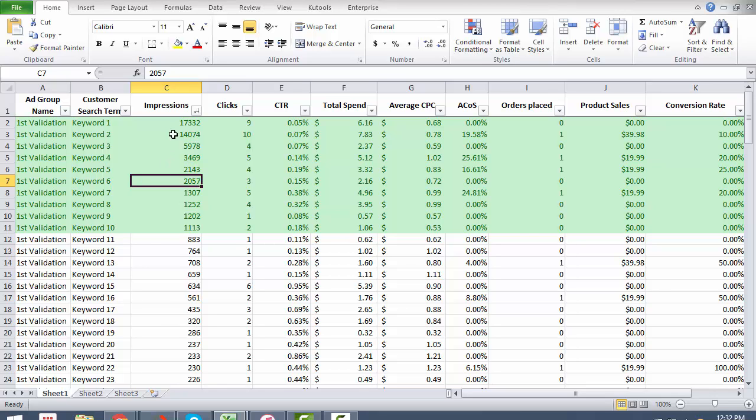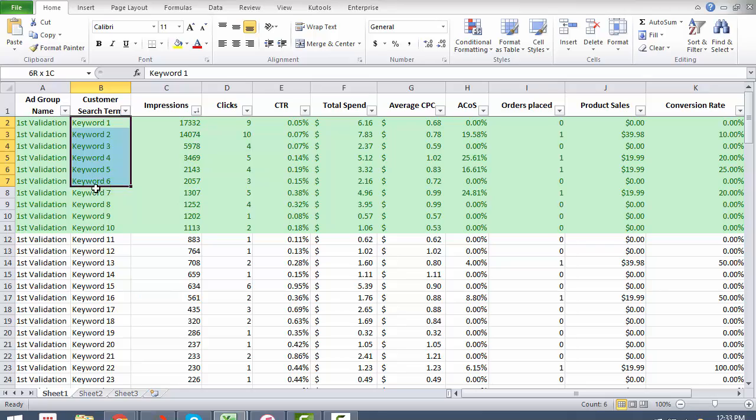So what we're going to be doing is looking at these 10 keywords right here and determining if they are relevant to our product listing. Obviously it's hard to tell with my keywords being keyword 1, 2, 3, 4, 5, 6, 7, 8, 9, 10, but let me just tell you that all 10 of these keywords were relevant to my product listing.